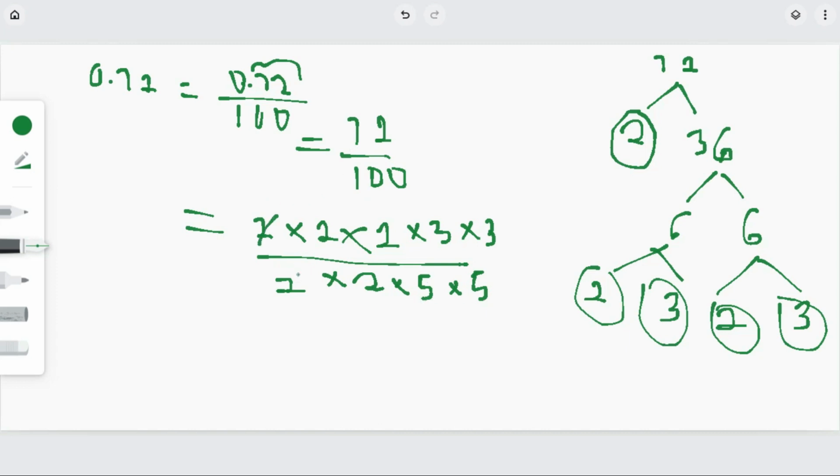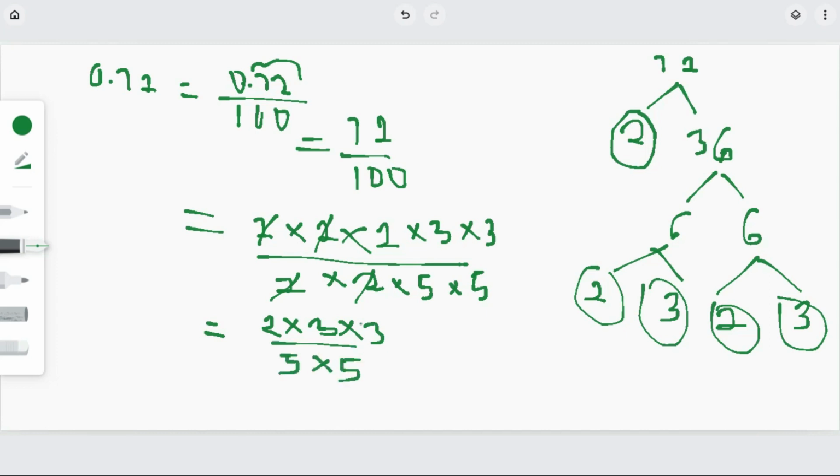So we cross out 2 here. We cross out another 2. There's nothing to cross out again. So we now have 2 times 3 times 3 over 5 times 5.